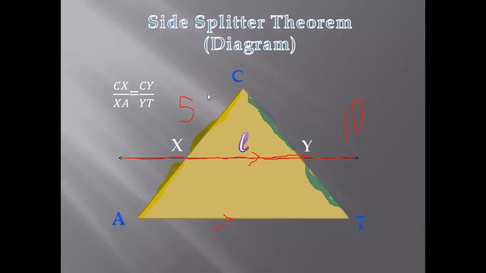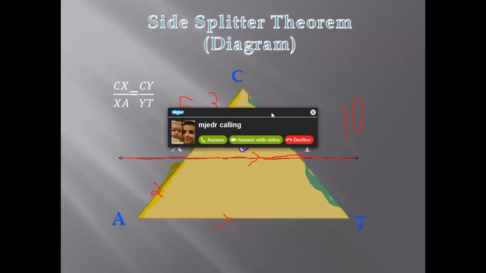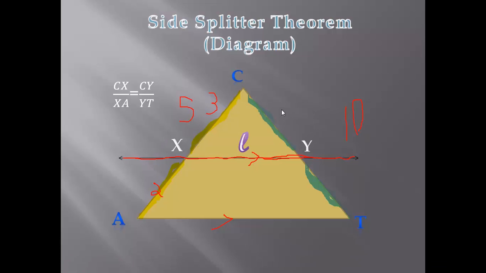We say that this splits it proportionally, so that this is 3 and this is 2. Then this will become, by the logic of the theorem, 6 and 4.